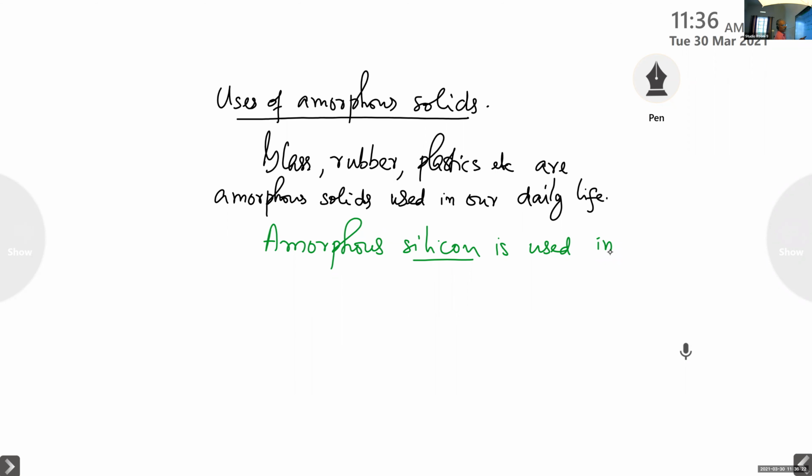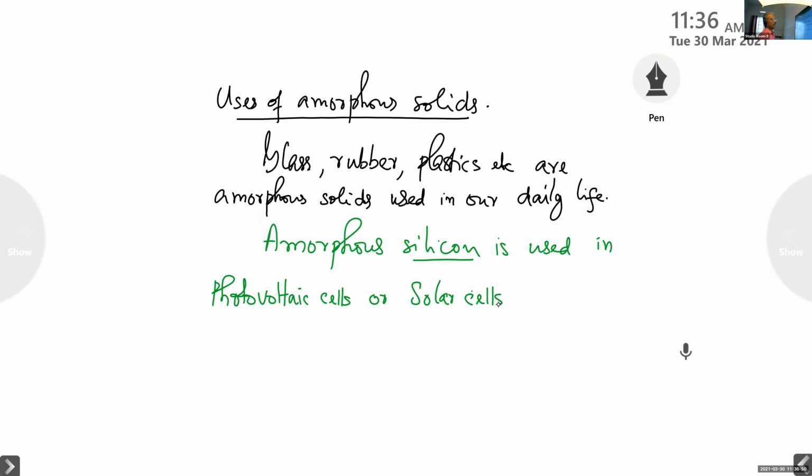Photo means light. Photovoltaic cells or solar cells.